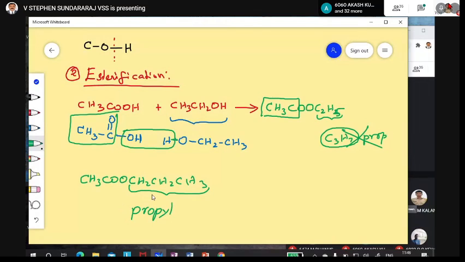Now the IUPAC system: propyl, and this is a 2-carbon acid, ethanoic acid, so ethanoate. This is the IUPAC name: propyl ethanoate. Some think this is a hydrocarbon part. The O after C means that is the alcohol side; the C starting means that is the carboxylic acid, so this is the parent one. This is one point I wanted to convey to you.